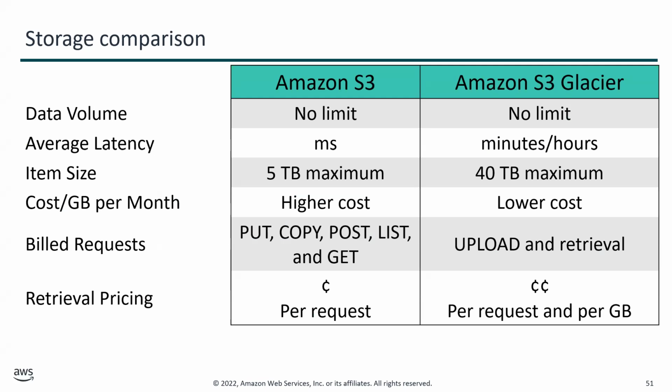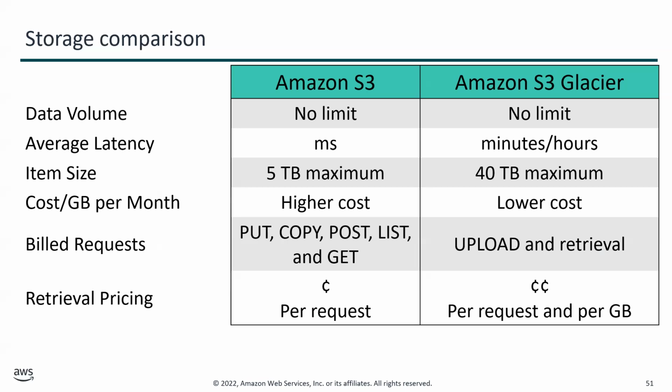Item size is 5 TB maximum, so one item, there's no limit on total data, but to upload one item, it cannot be more than 5 TB. Here, it cannot be more than 40 TB. S3 incurs high cost, and S3 Glacier incurs lower cost.